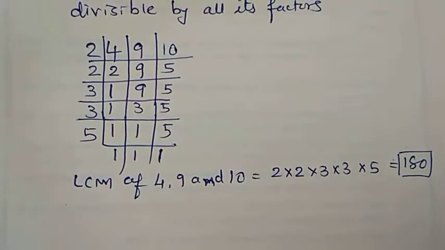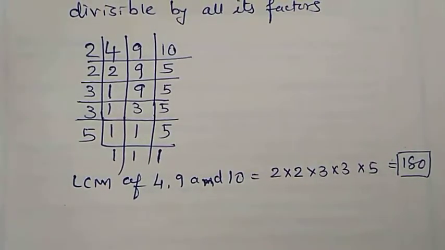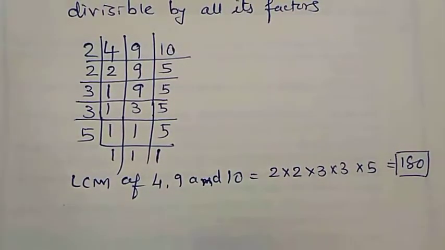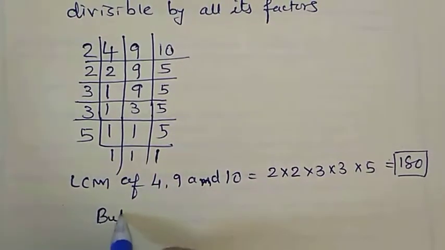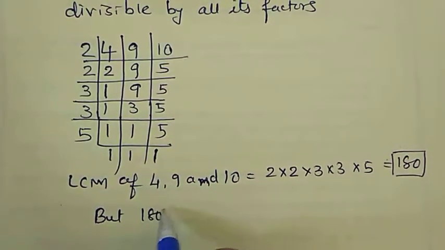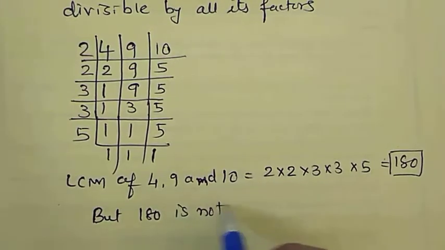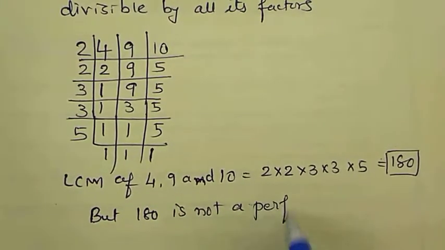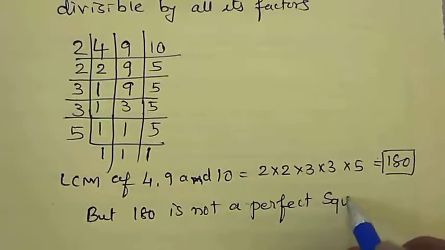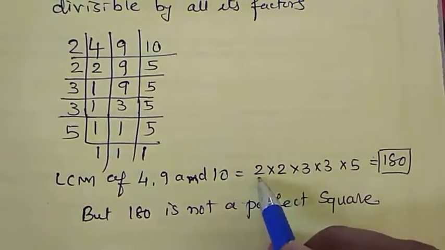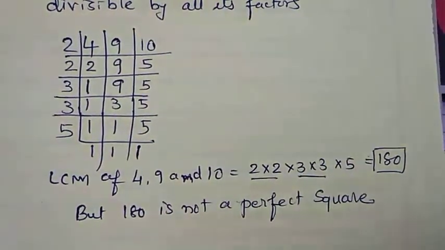Here 180 is not a perfect square. We find that 180 is not a perfect square because a pair of 2s is formed here, a pair of 3s is formed here, but 5 is extra.